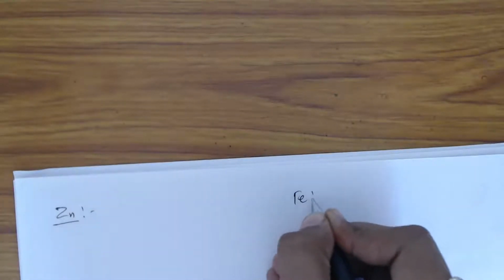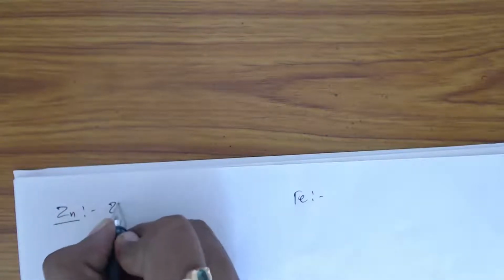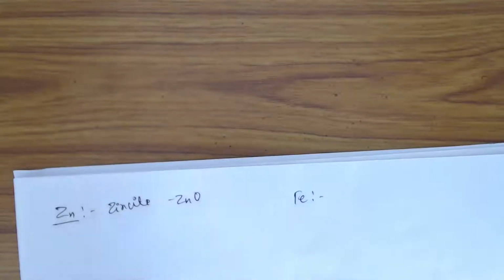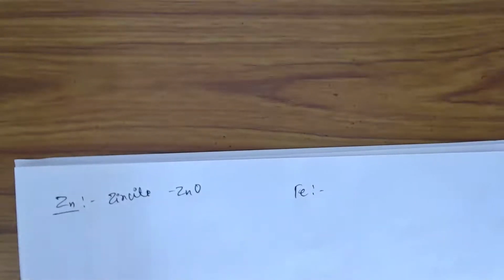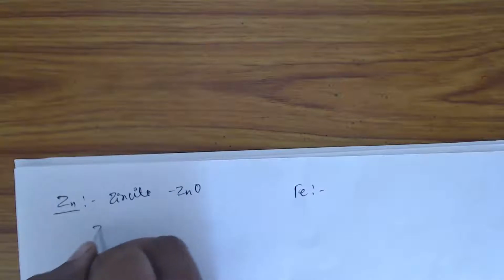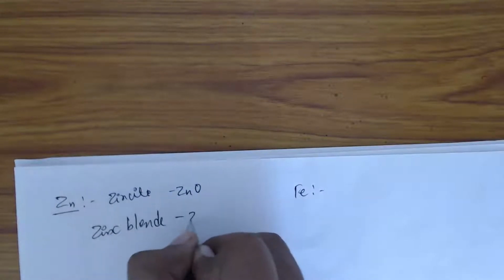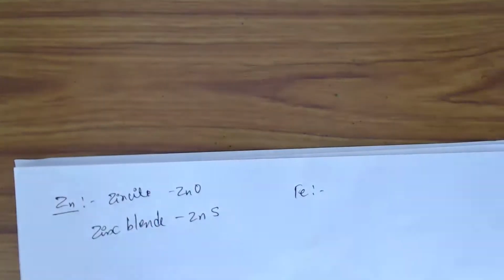Next, ore of zinc and ore of iron. Ore of zinc: zincite is there, that is ZnO, correct? Next, zinc blende is there, that is ZnS.